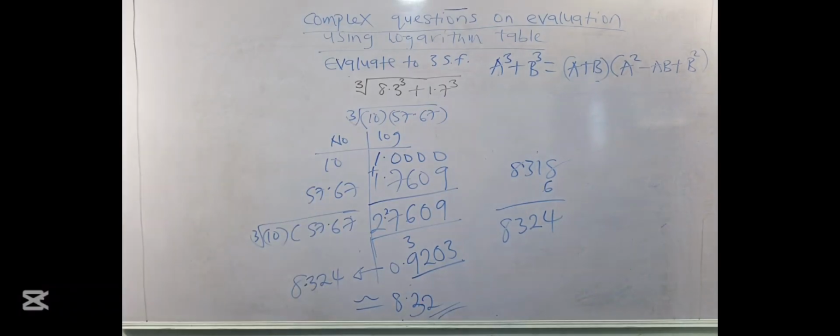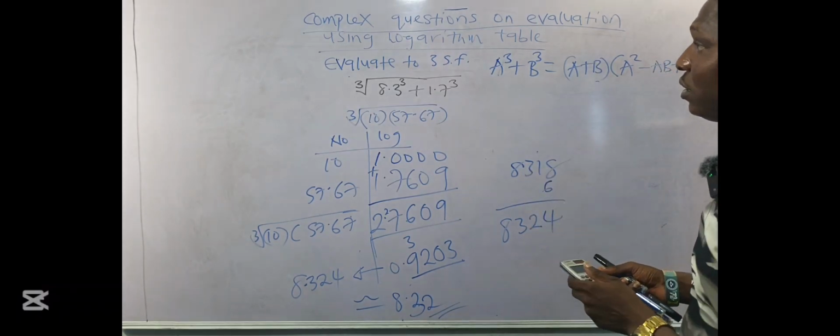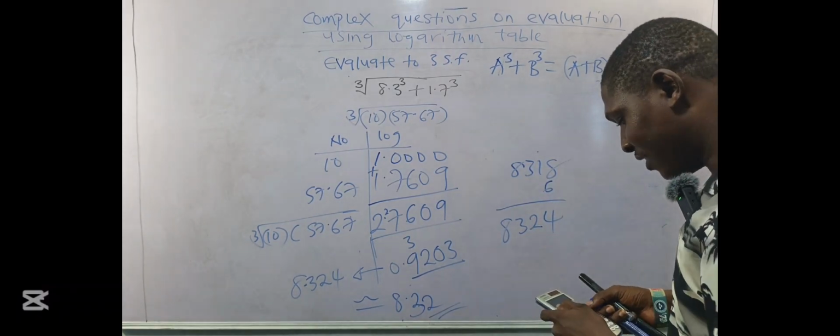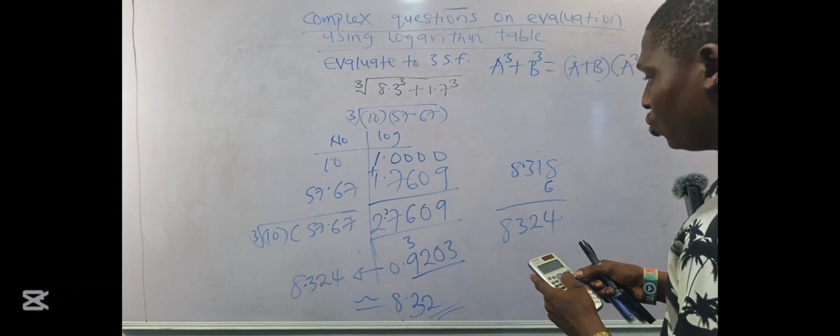Remember, we can always use our calculator to check if our answer is correct. The question is simply the cube root of 8.3 cube plus 1.7 cube. So I simply press shift, using my Casio calculator, shift roots.